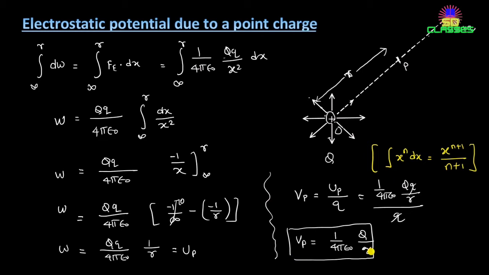From this formula we can conclude various things. Number one, V is equal to 1 by 4 pi epsilon naught q by r.